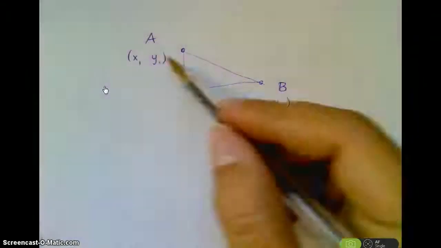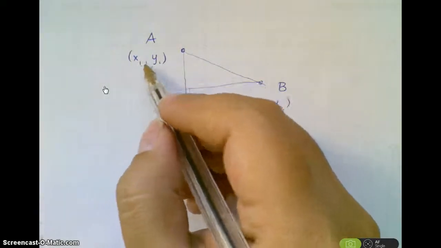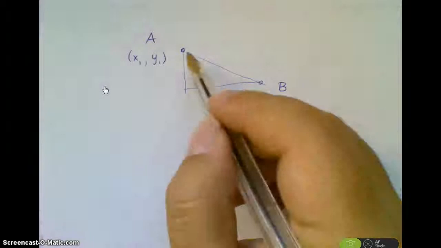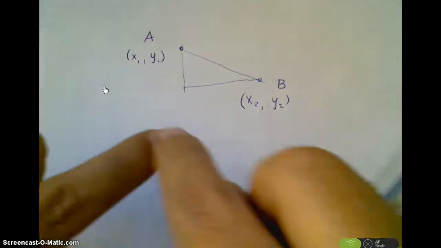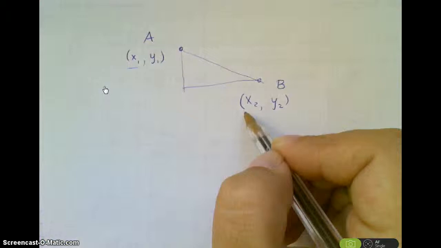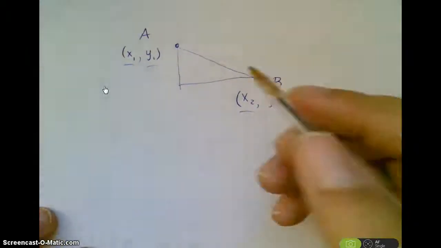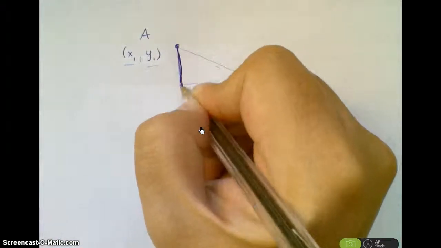So for any 2 points A, B, with some coordinates, and I'm calling them x1, y1, and x2, y2, just to say that these two are different points in the space, not the same point. That's why the x's cannot match and the y's cannot match. How would I find the measurement of this length right here?